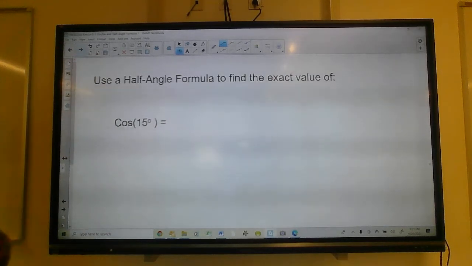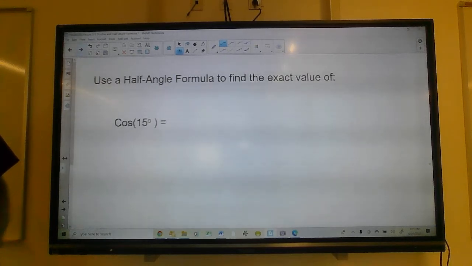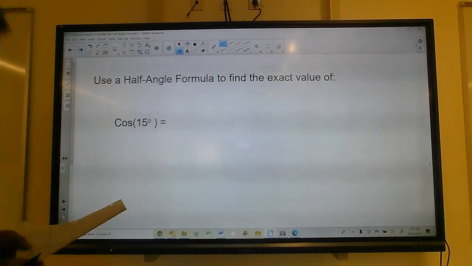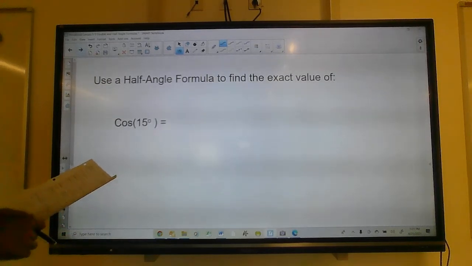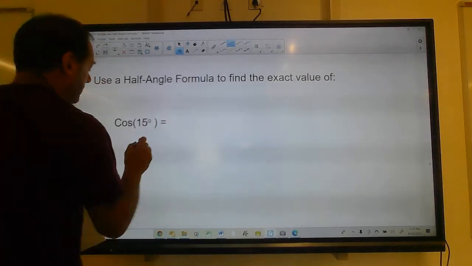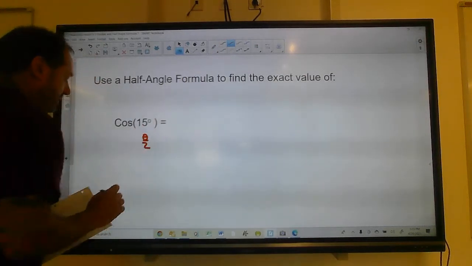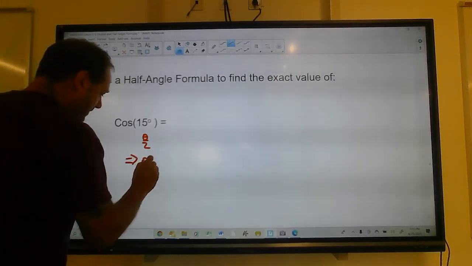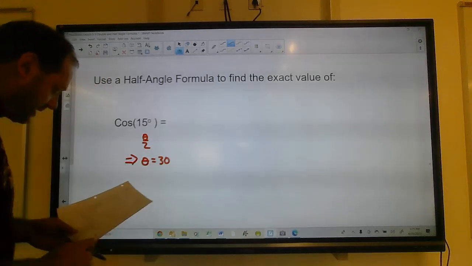So use a half angle formula to find the exact value of cosine of 15 degrees. So my half angle formula is bottom right corner of the front page here. So cosine here is going to be theta over 2. So this implies that theta is going to be 30. Okay?